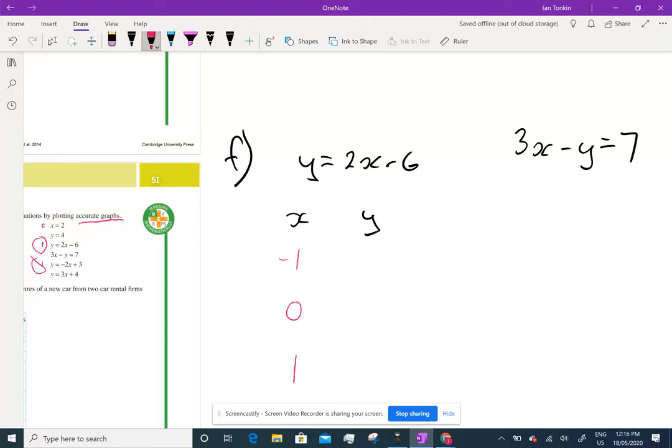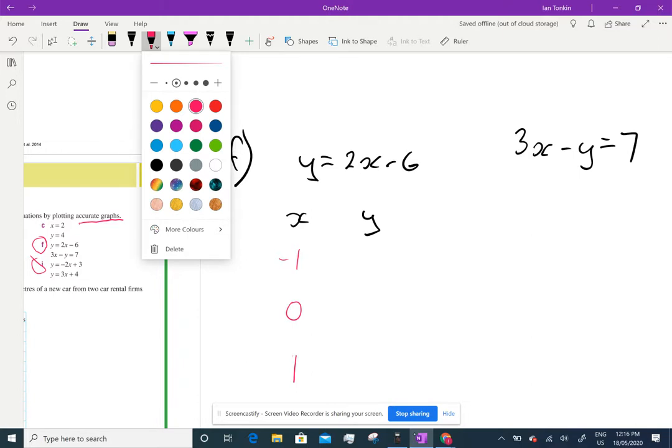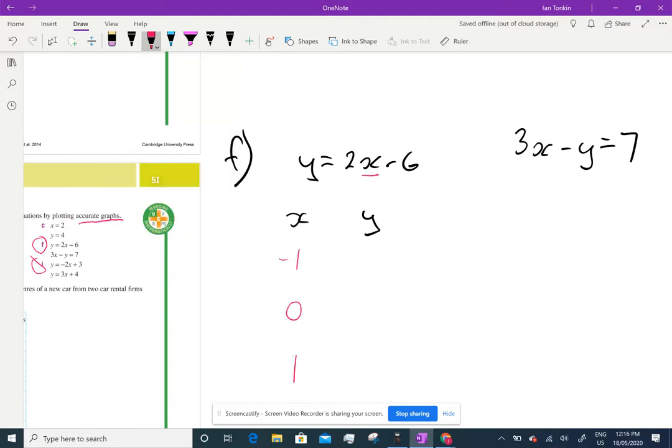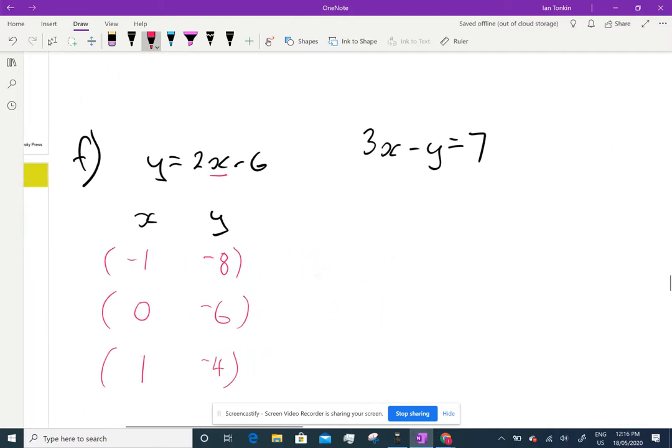Now if I put negative 1 in here, I'm going to get 2 times negative 1, which is negative 2, minus 6, I'm going to get negative 8. If I put 0 in there, I'm going to get 2 times 0, minus 6, I'm going to get negative 6. And 2 times 1 is 2, minus 6 is negative 4. And they're my 3 points. Why do I choose 3? In case I make a mistake, and they won't form a straight line.